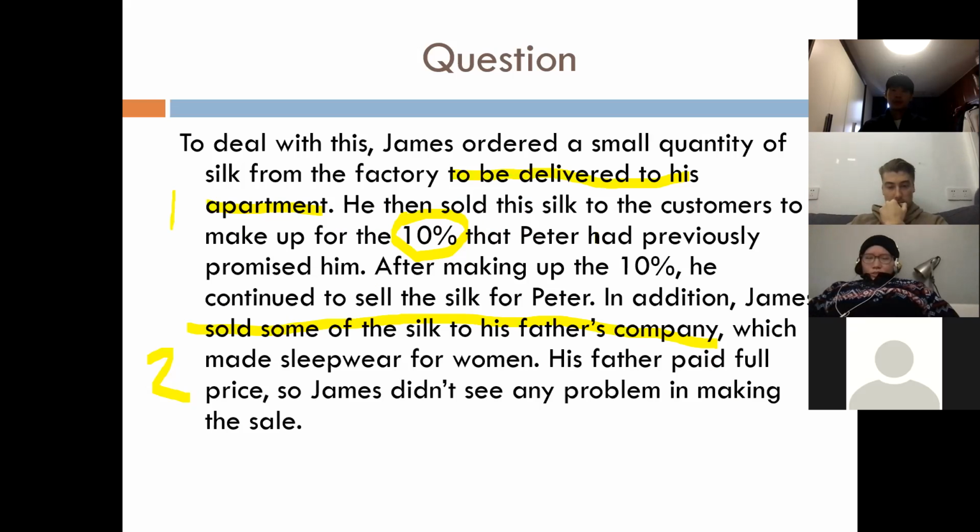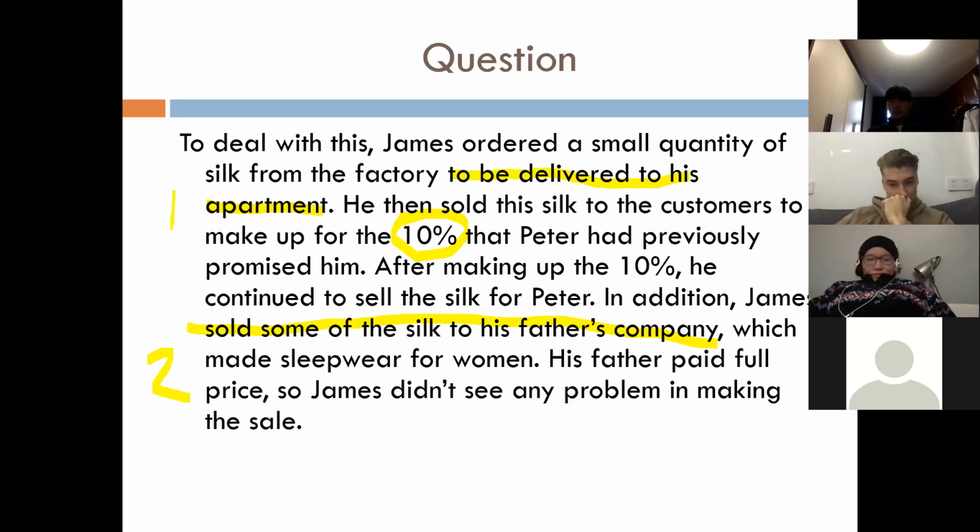I don't know. Well, thank you for telling me that. Harry, what do you think? Did Peter want James to have some silk delivered to James's house that he would sell secretly? No, of course not. That's not something he'd want.